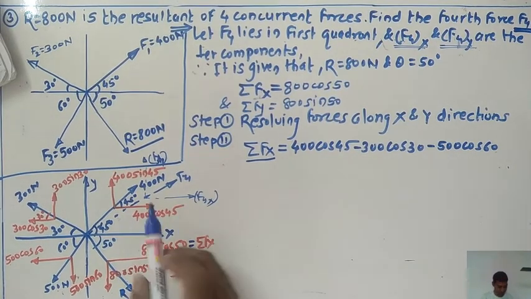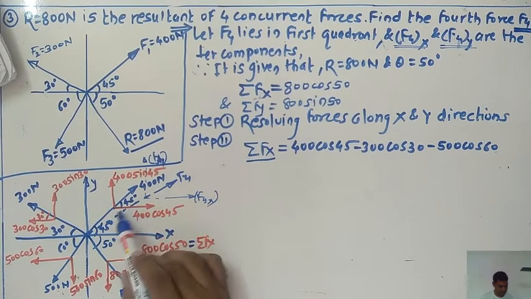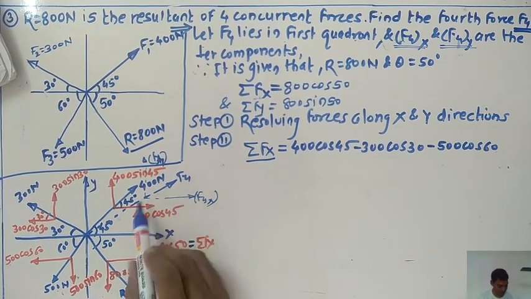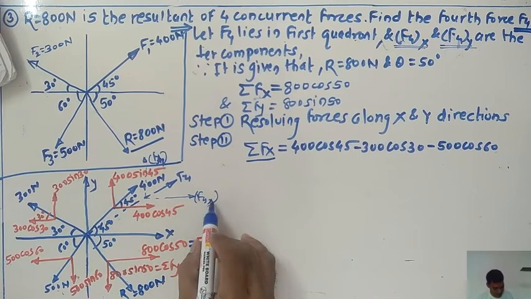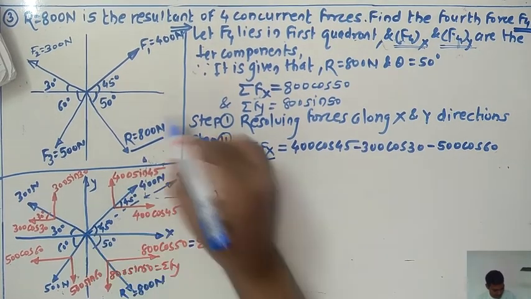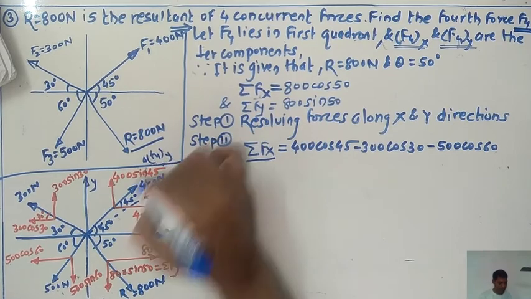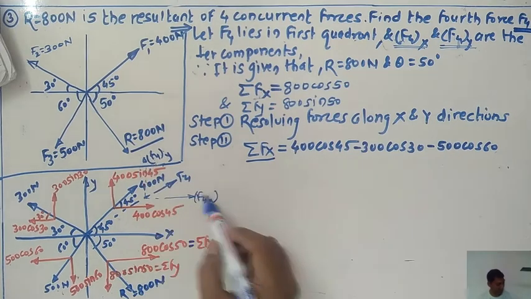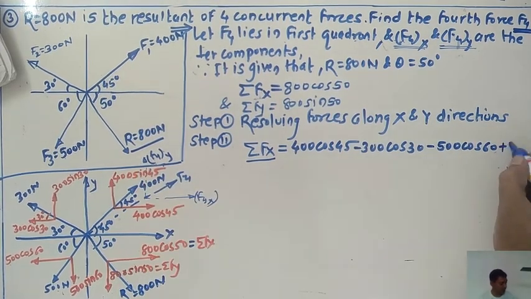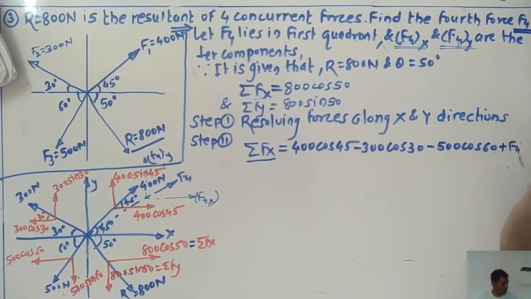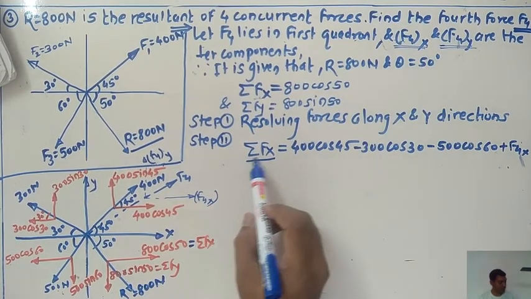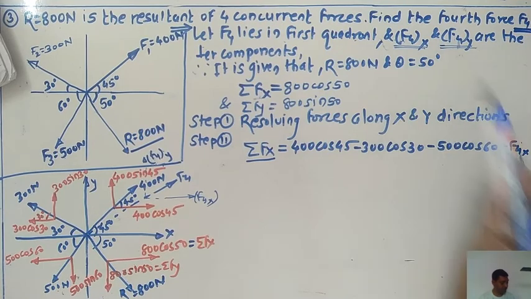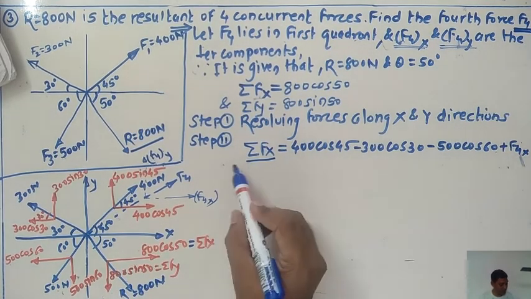So consider this F4 force in the first quadrant, and see the components of F4 along the x direction: this one is F4x, and this one is F4y. Here, as per our assumption, you need to consider the component of F4 along the x direction. We have already written it here. Now try to solve this relation.